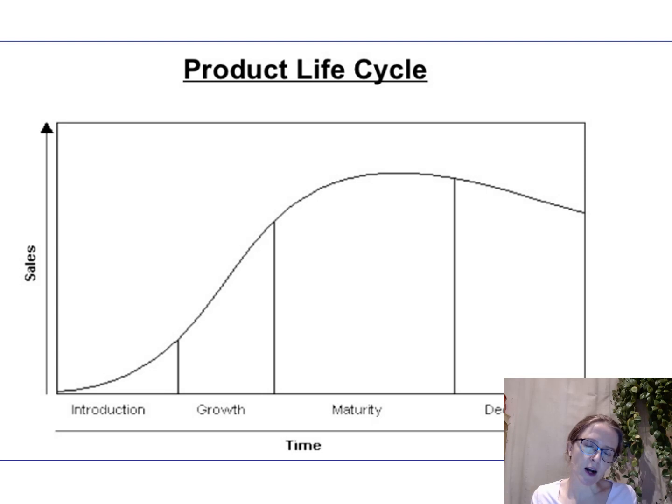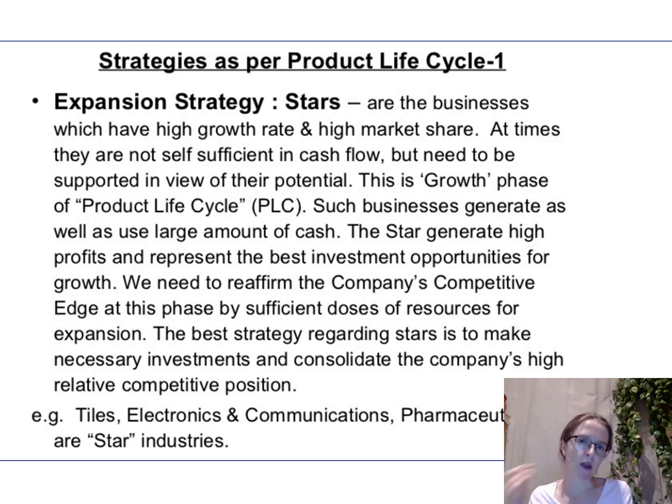When a product comes into the market, it's introduced, and over time it starts to grow, then starts to mature, and then over time it will start to decline. And of course, accordingly, we'll see our sales growth rate depending on which phase of maturation the product is in its life cycle. So the strategies, according to the product life cycle, are around expansion strategies.